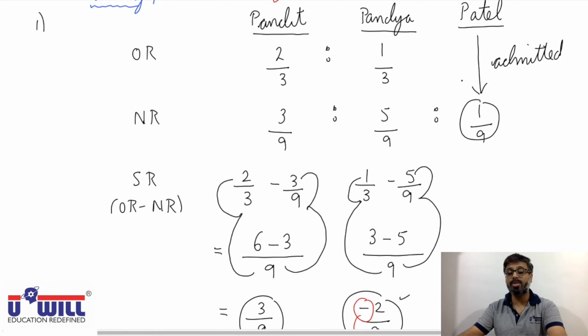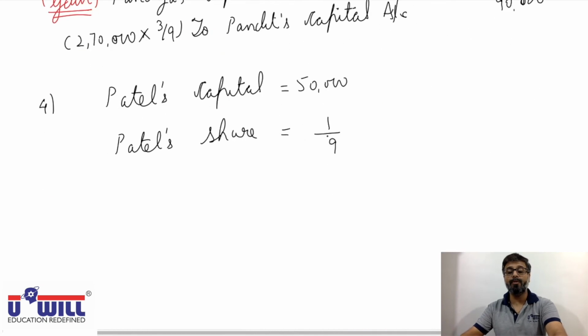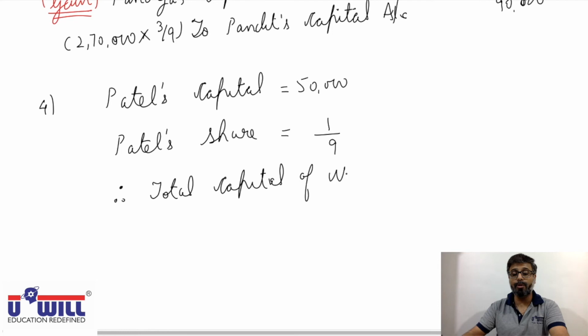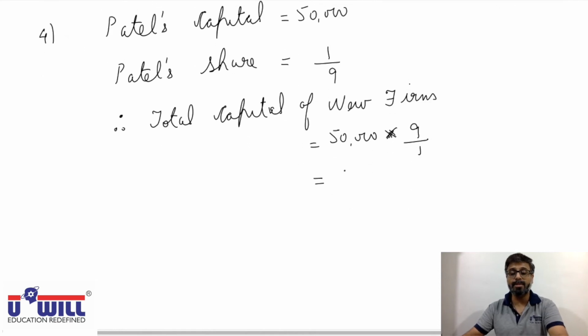If you refer to the steps I made you write in the last lecture, if Patel's capital is 50,000 and Patel's share is 1 by 9, then what would be the total capital of the firm? We discussed total capital of new firm. Taking Patel's capital as the base, it must be 50,000 into the reciprocal of his share, 9 by 1. That comes to 4,50,000.